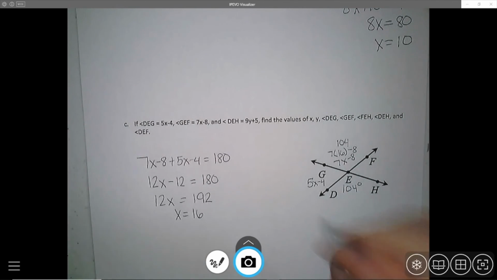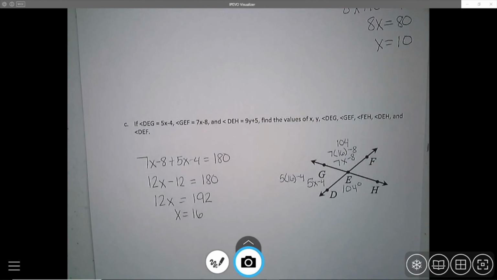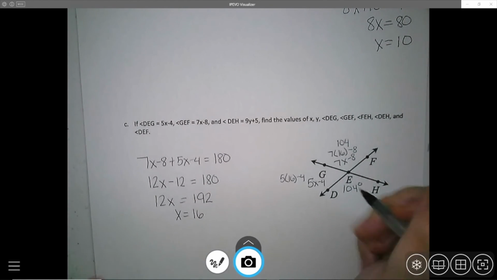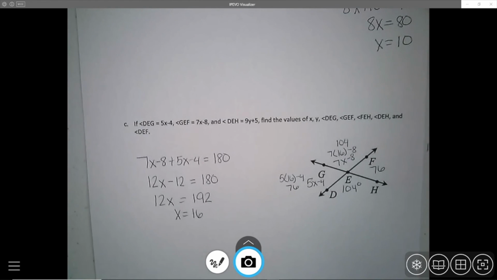Okay, 5x minus 4. 5 times 16 minus 4 is 76. If the side angle is 76, it's 76 on the other side because they are vertical angles. Vertical angles are congruent. So now, I can look and say, on this problem, what else did they want me to find?